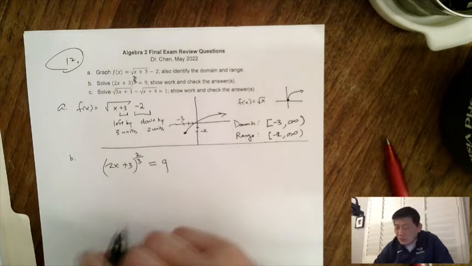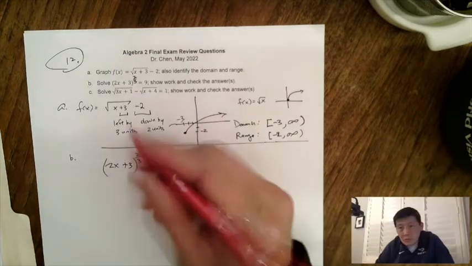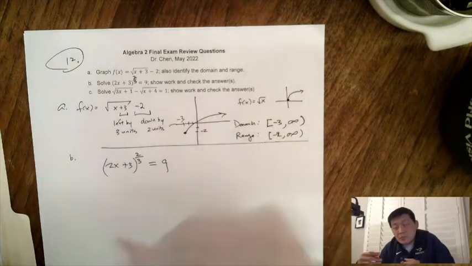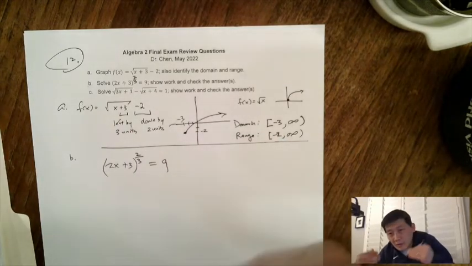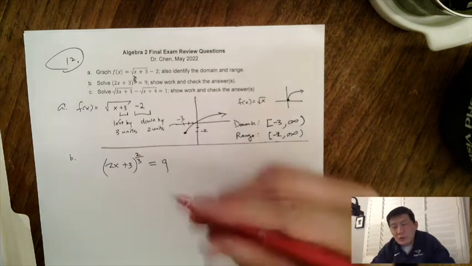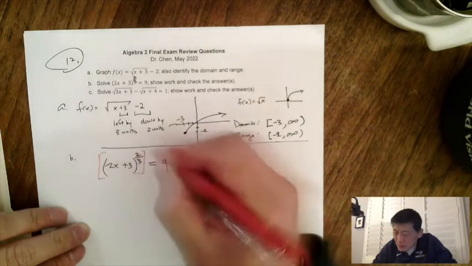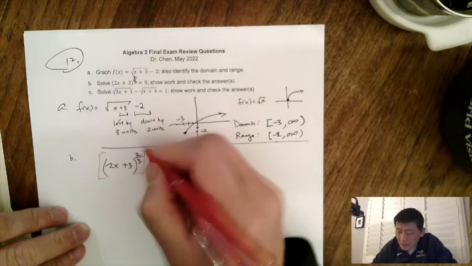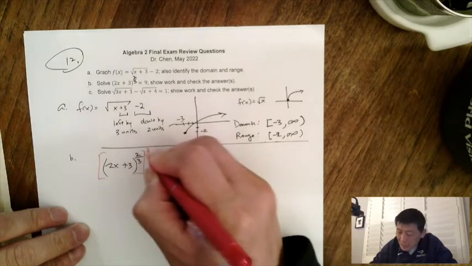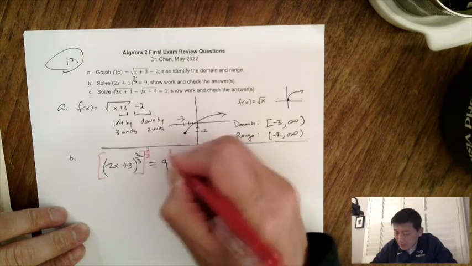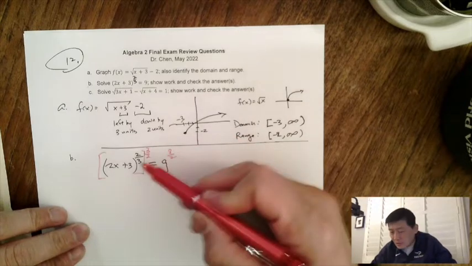So we have to somehow get rid of it in order to move what's inside the parenthesis around. One way to do that is to take both sides of the equation and raise them to a particular exponent. So I'll take this whole thing and raise it to the 3/2 power. If you do it on one side of the equation, you have to do it on the other side.